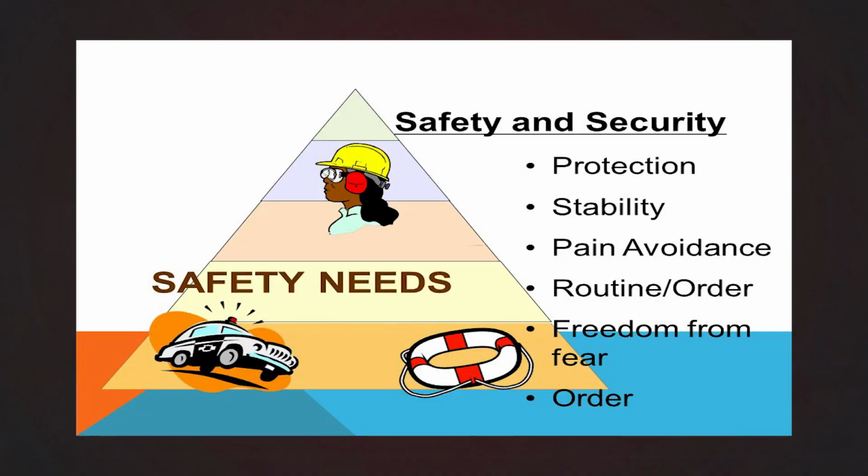Security or safety needs follow the physiological needs. Once the physiological needs are reasonably met, people seek to fulfill safety and security needs, that is, a safe and structured environment.